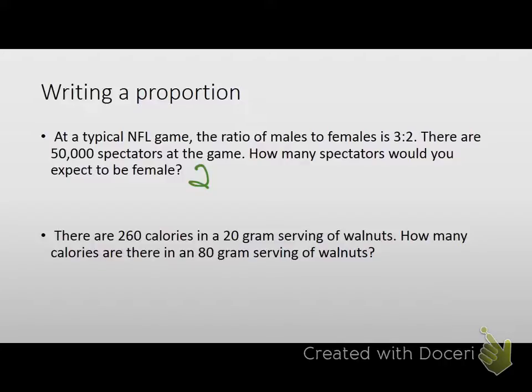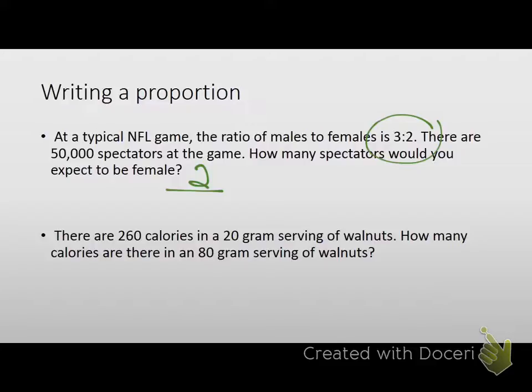Well, here's the interesting part of how this is set up. I know that in my original ratio, that 2 stands for the ratio of females, right? 2 is my female value. However, it gives me a total number of spectators.